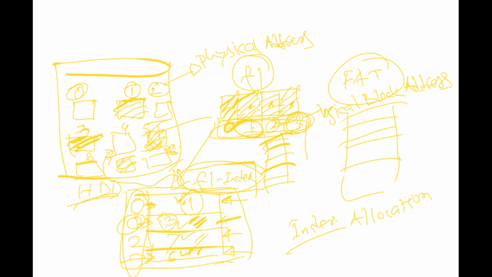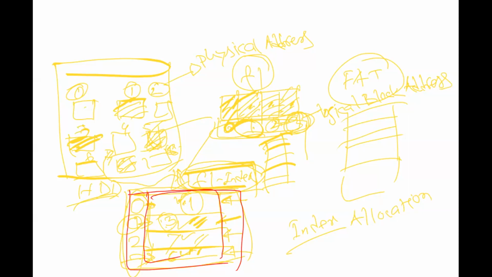Once you save this file, it is saved, but we always open this file, edit this file, and read this file. So the file index should be permanently stored inside the hard disk drive. It will be stored in some hard disk block. Let's say this is the file index block.